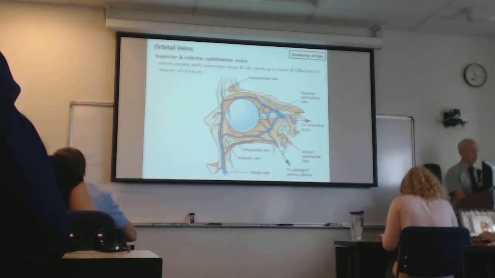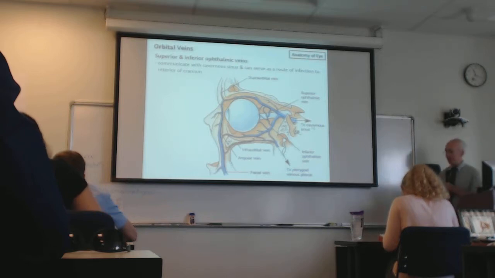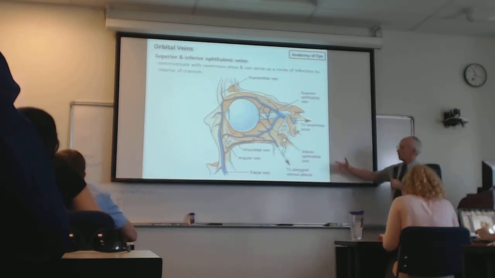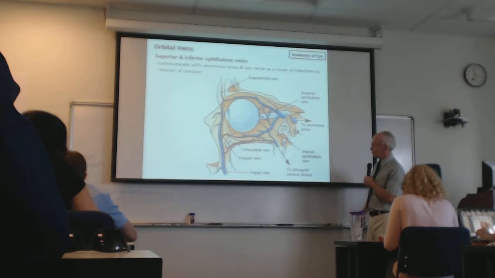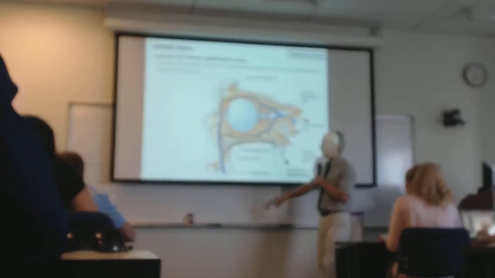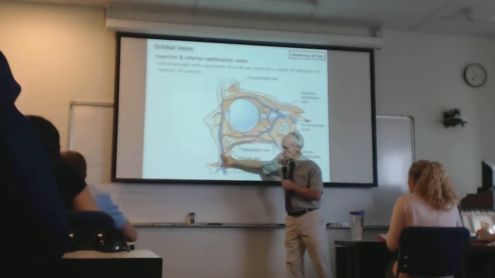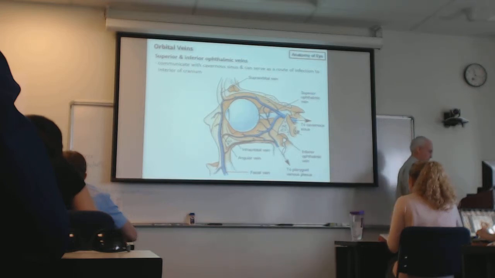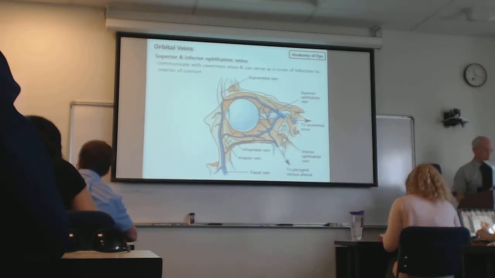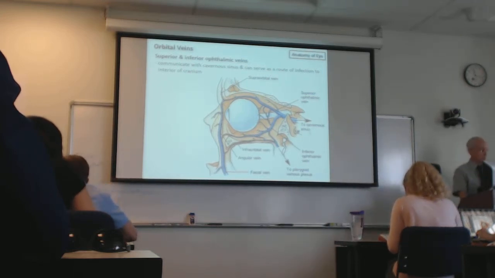And so once again, this ophthalmic vein is going to drain the orbital socket, eventually back into the cavernous sinus. And remember, the blood in the cavernous sinus will eventually proceed inferiorly into the jugular vein. And we can even see that there's anterior drainage into the facial vein and into the retromandibular veins that we looked at earlier.